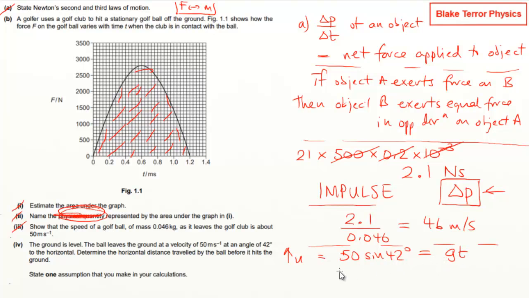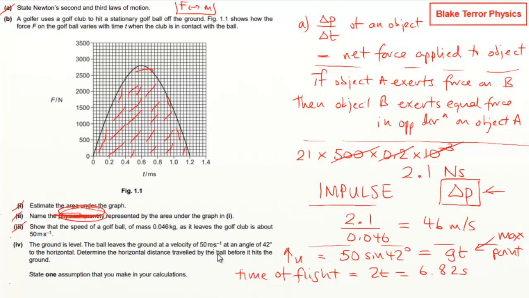Our time of flight is then going to be double this, as this is the time to reach the maximum point, and it's going to be the same amount of time to drop back down again. So if we do 50 sine 42 divided by g, then we get 3.41. So time of flight equals 2 times t, which is 6.82 seconds.